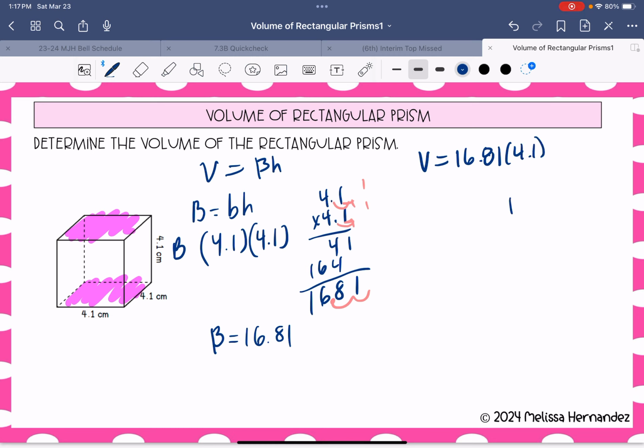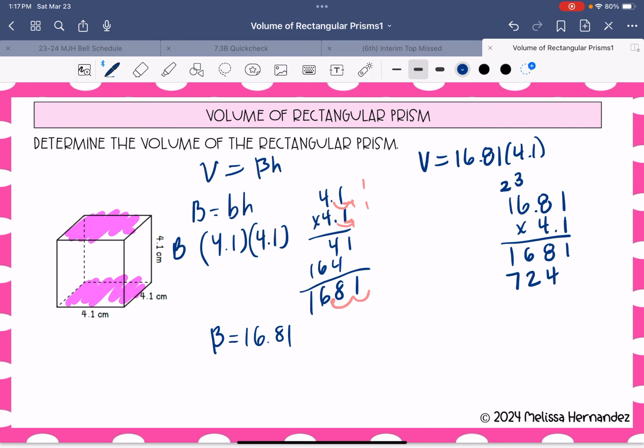Okay, so this is a lot of numbers to multiply by. We're not lining up decimals. 4 times 1 is 4. 8 times 4 is 32. 4 times 6 is 24, plus 3 is 27.